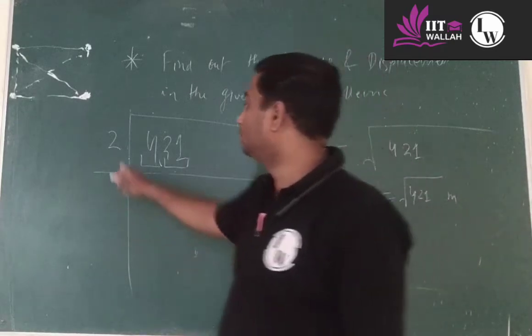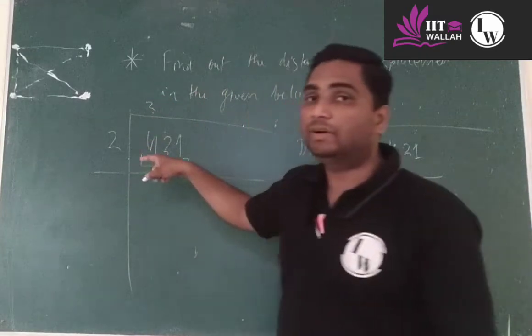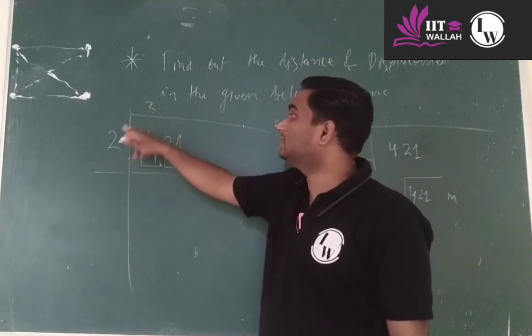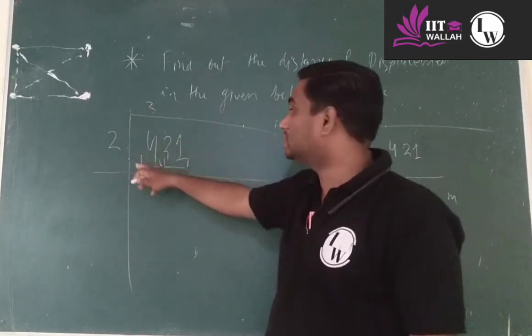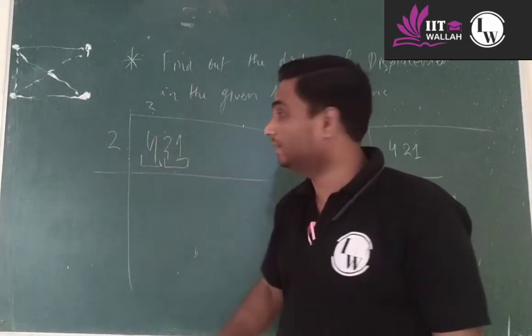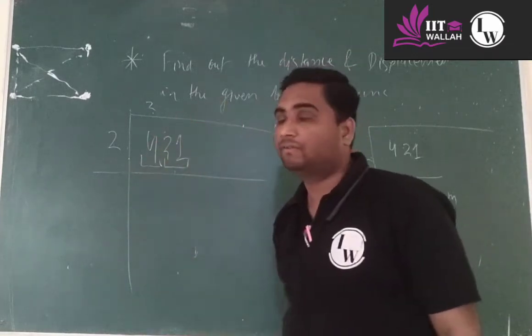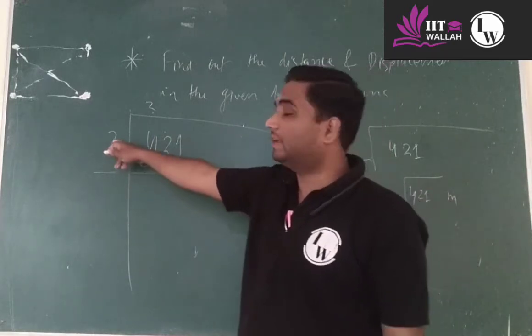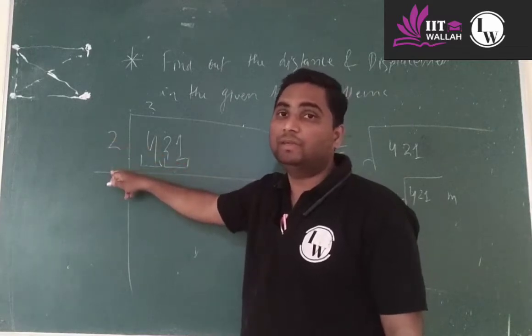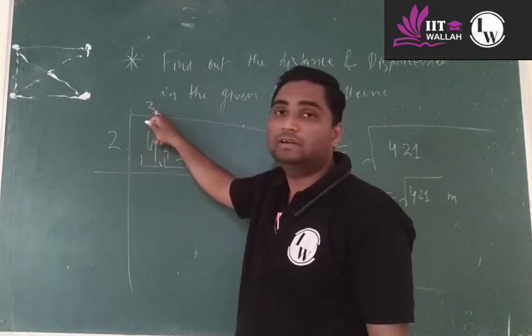The number you have taken, you write here, and its multiple, 2 into 2, must be less than or equal to 4, not greater than 4. The same number will be added here, and the same number will be in the quotient.